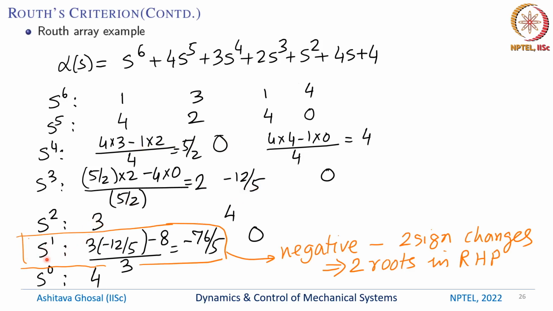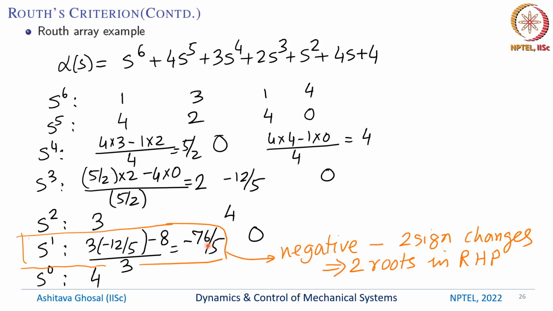And the s to the power 1 row is 3 into minus 12 by 5 minus 2 into 4, which is 8, so 3 into minus 12 by 5 minus 8 divided by 3. This is minus 76 by 5. So in the first column, this is positive, this is positive, this is positive, 3 is positive, but then you have a change in sign.